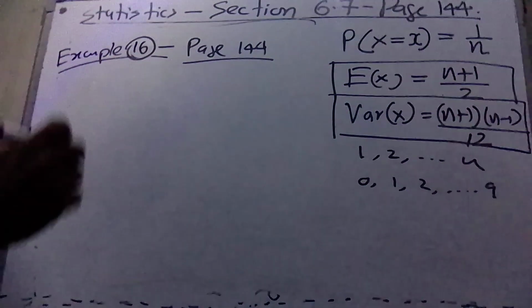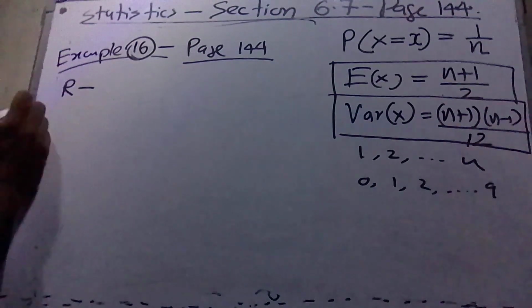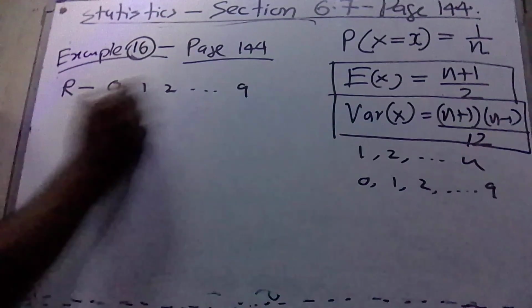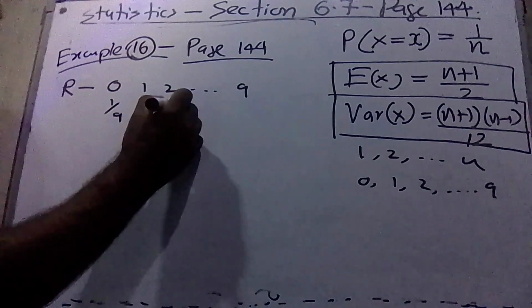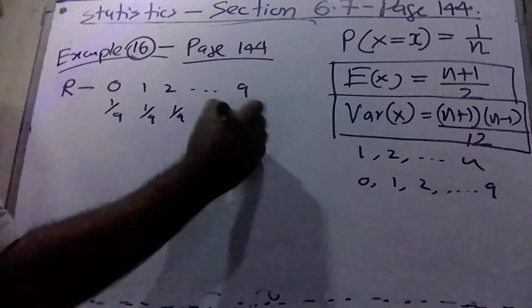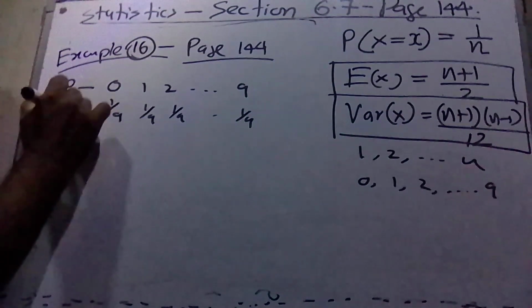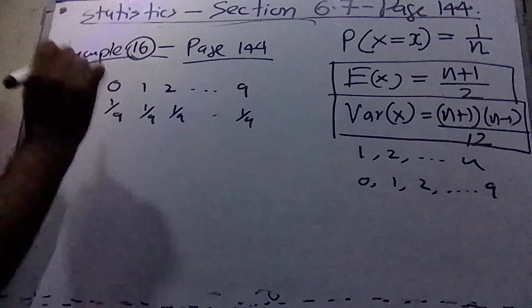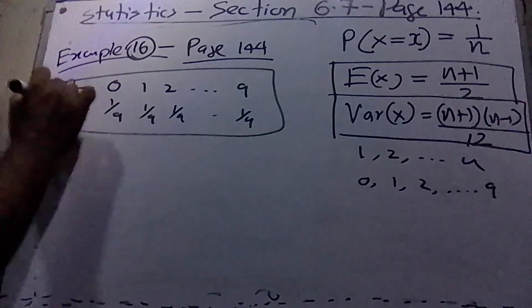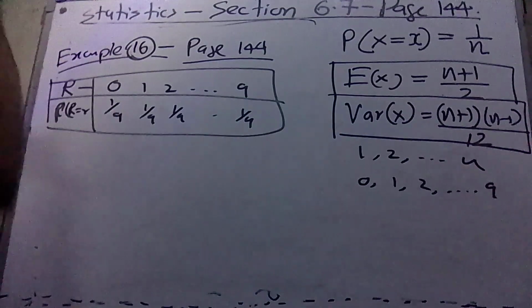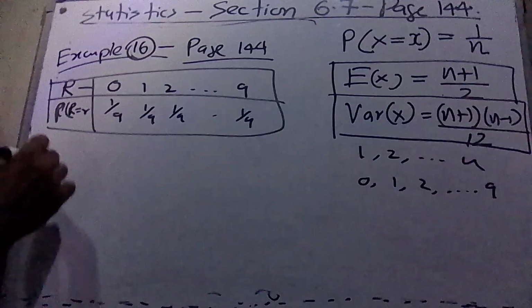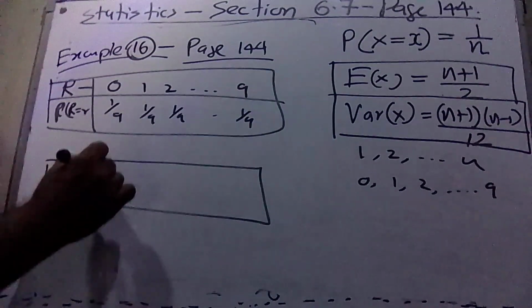As the book says, we will say the random variable R goes from 0, 1, 2 up to 9, with probabilities 1 over 10 each. This is a discrete distribution, but to apply this we have to convert it into a form where it starts from 1.